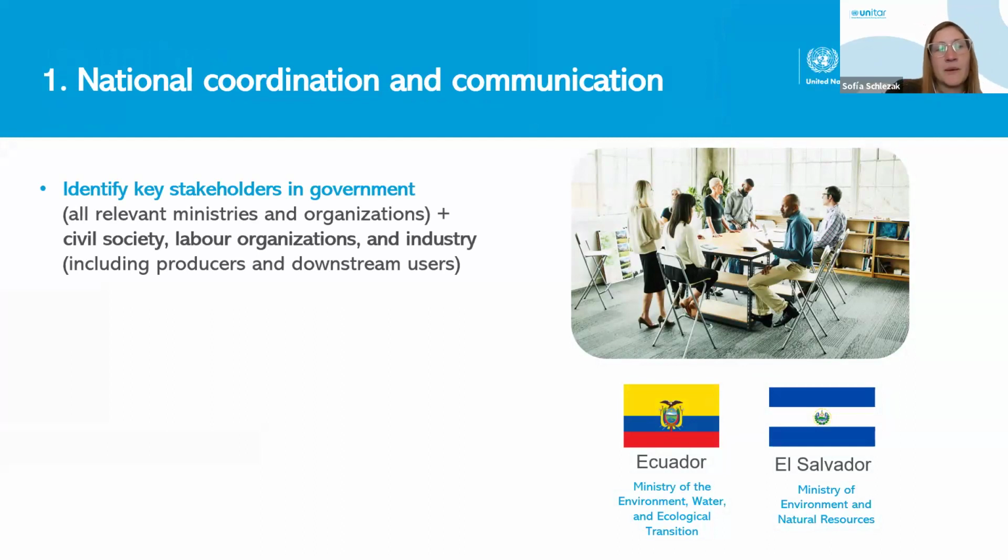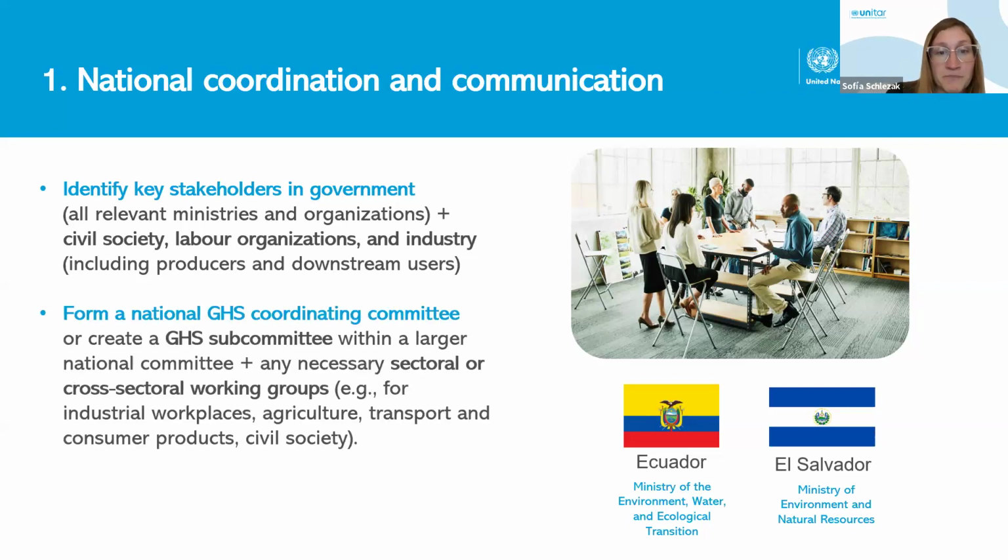They identified relevant ministries and organizations, but also not only stakeholders in the government, but sectors such as civil society, labor organizations, which are very important to implement the legislation at the workplace, and of course, industry representatives.